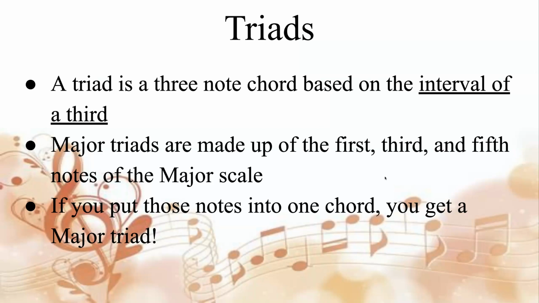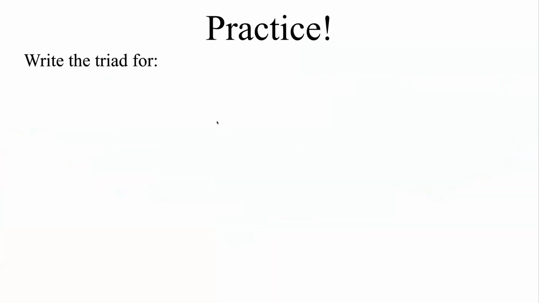Major triads are made up of the first, third, and fifth notes of the major scale, so they're all made up of notes on the scale. You're not gonna have any notes a half step below the third note like in minors. For major triads, you just take the scale and count. For minor triads, you take the third note of the major triad and lower it by a half step.